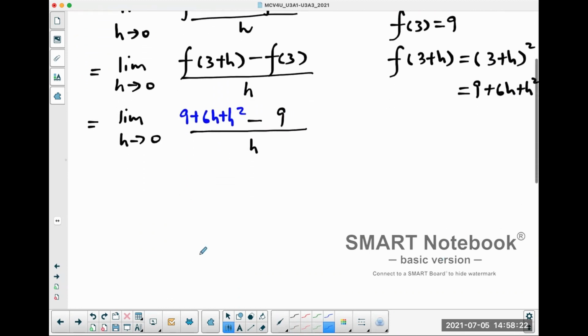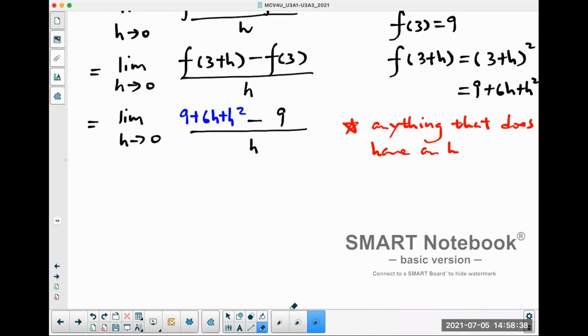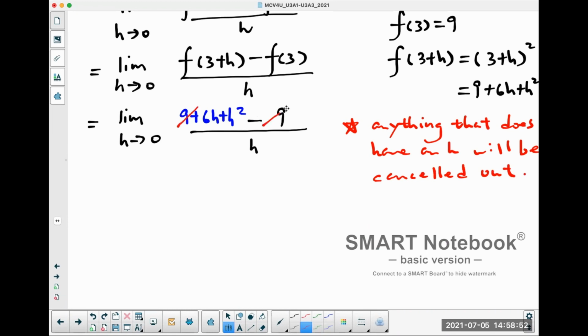What's so special is, and you have to keep this in mind, anything that does not have an h will be canceled out. See, the 9 here does not have a letter h. Anything that does not have an h will always cancel out.